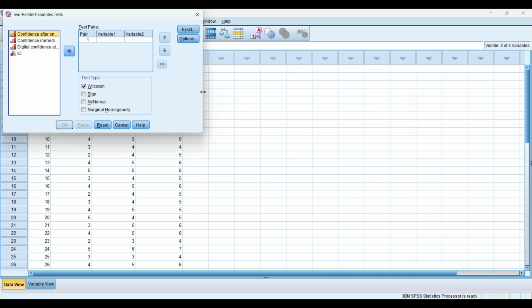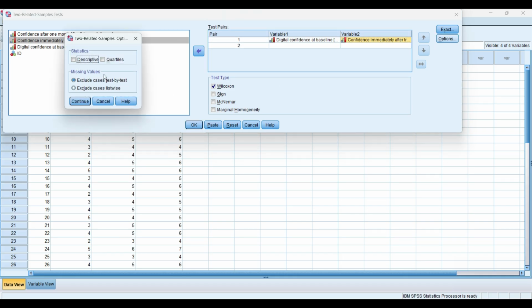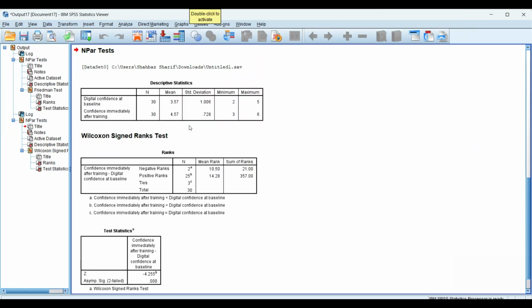So in this way, first we will put the sequence of observation, like the first one is digital confidence at baseline. We will put it as variable 1, and now confidence immediately after training as 2. Options, descriptive, continue, and then OK.